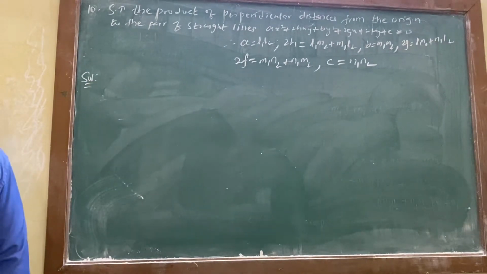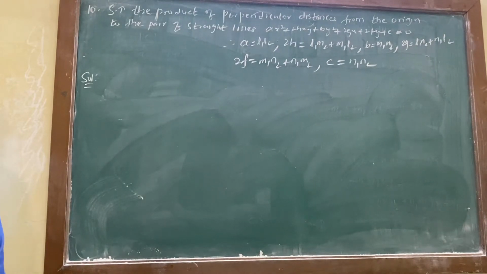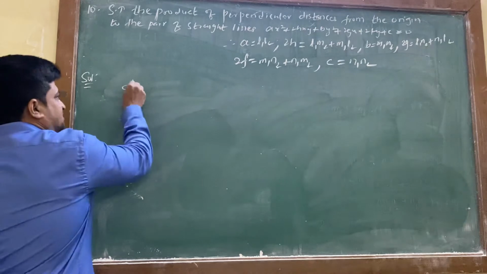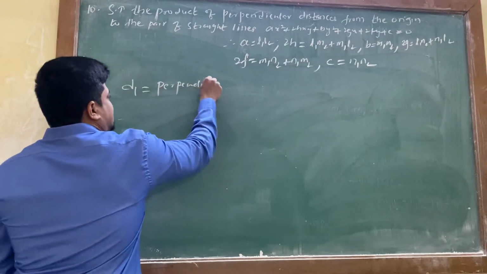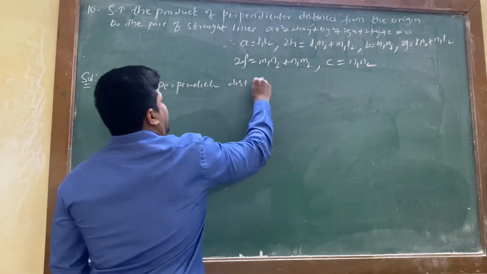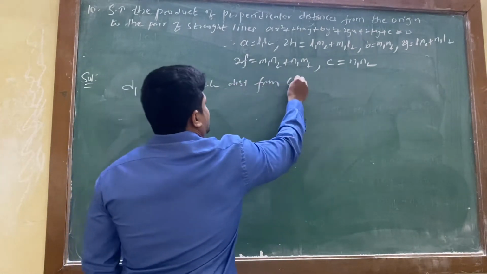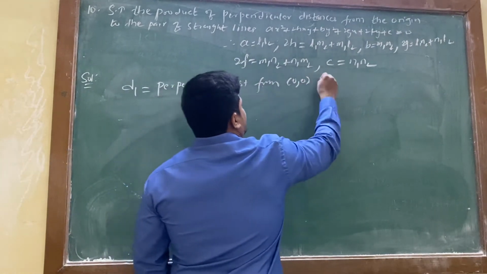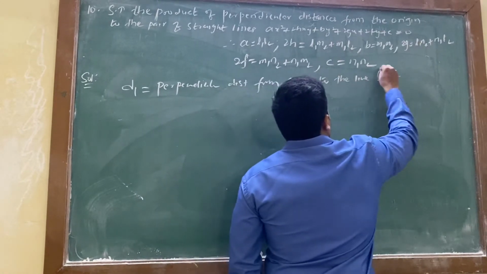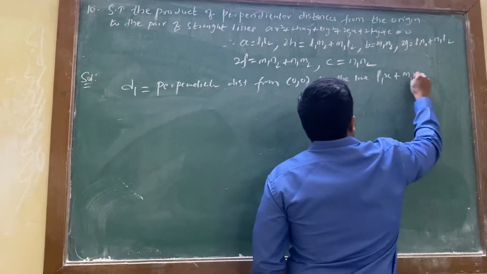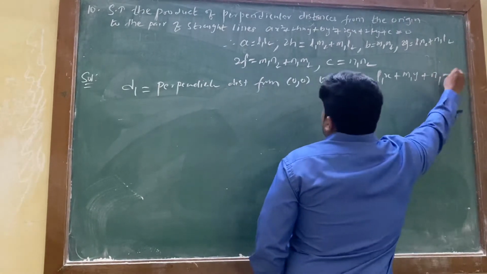The product of perpendicular distances from the origin is what they have given. That means D1 and D2 again we have to find. D1 is equal to the perpendicular distance from the origin, that is 0, 0, to the line. What is the line? L1x plus M1y plus N1.